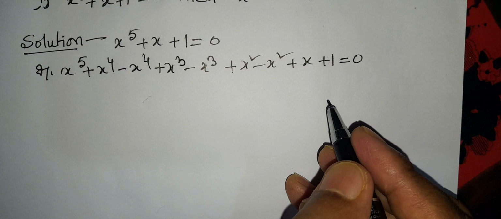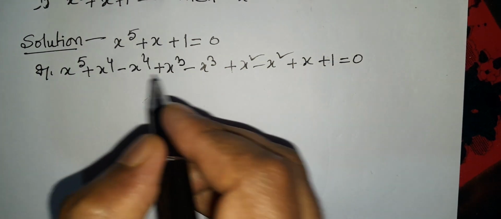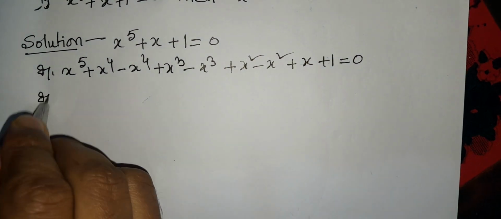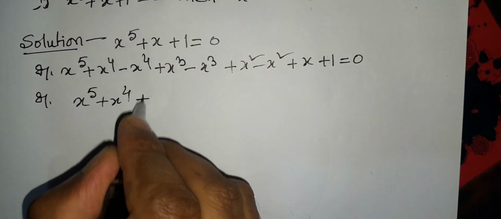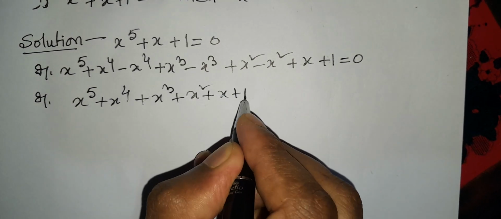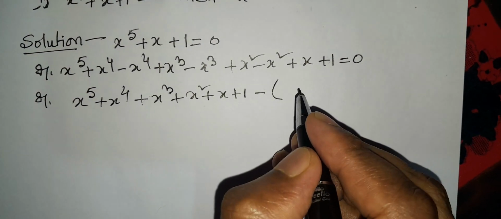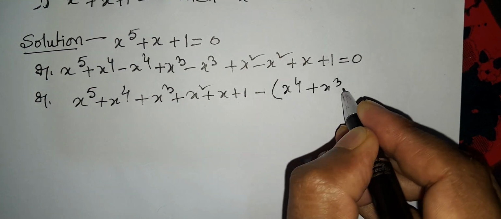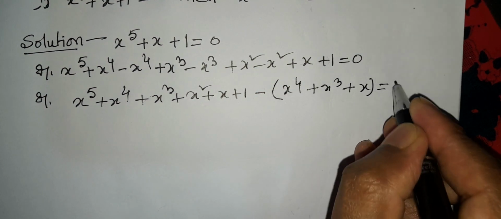Here there is no x to the power 4, x cube and x square, so we add them. Now we can write x to the power 4 plus x cube plus x square plus x plus 1, and separate the minus x to the power 4 plus x cube plus x equal to 0.